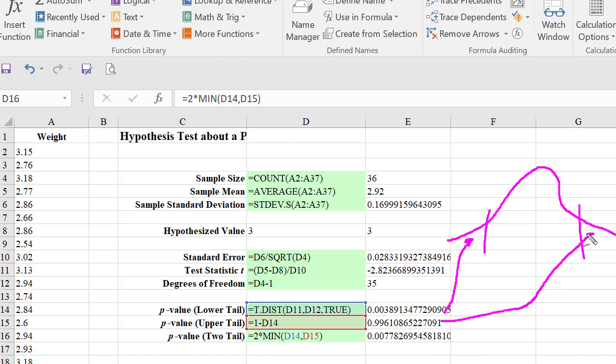And this value becomes right here. That's the upper tail test. But since this is the smaller of the numbers, if we're doing a two-tail test, what we're doing is just adding whatever proportion is underneath here, which is 2 times the minimum one, which is this. So that becomes our p-value for a two-tail test.